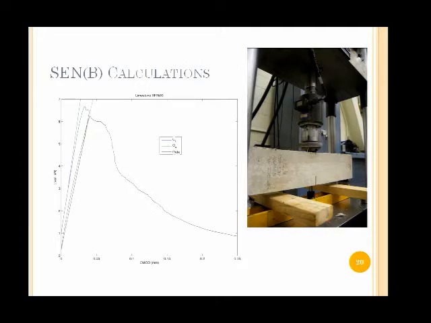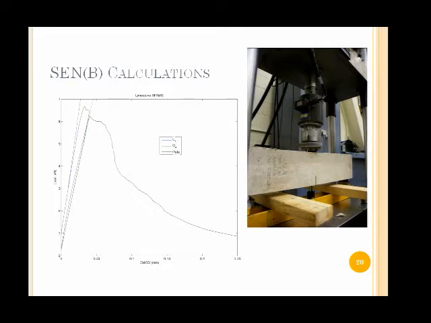And here's an actual test run. So we load it till we see that the peak has been reached. The standard says you unload it at 95% of this peak value. Sometimes that's difficult to see based on if it drops suddenly or it's kind of softening out, and we'll talk about that a little later because that can influence the results.